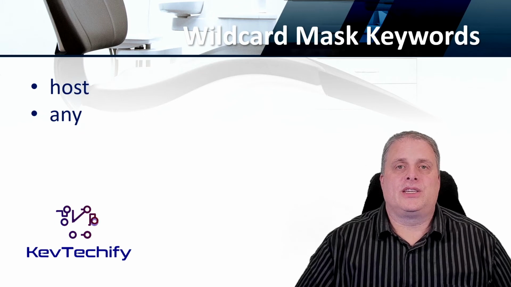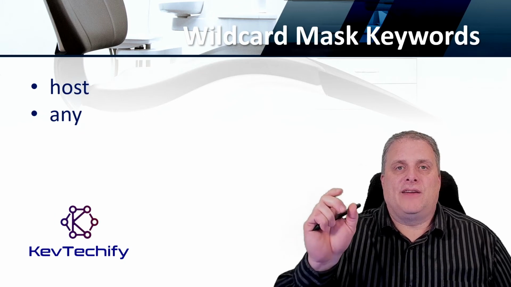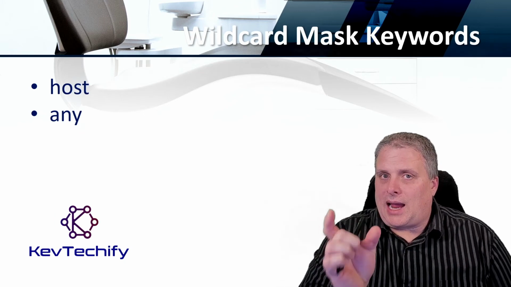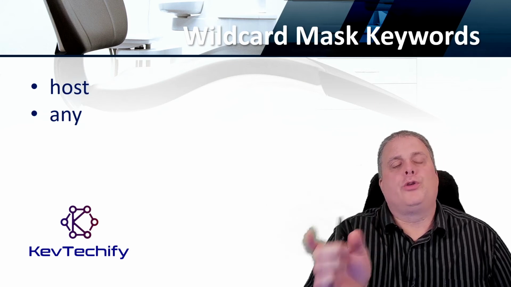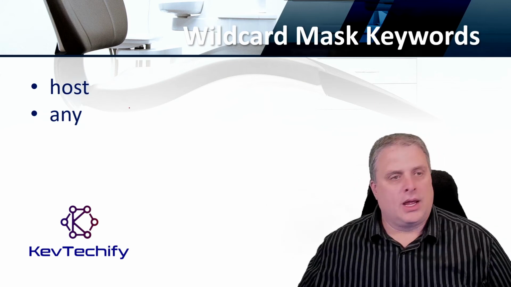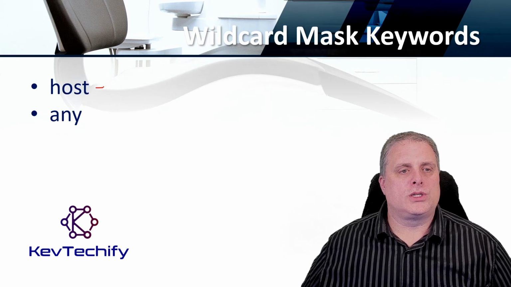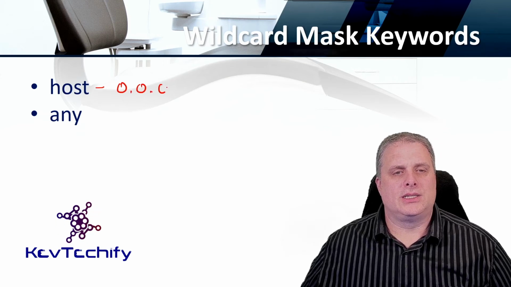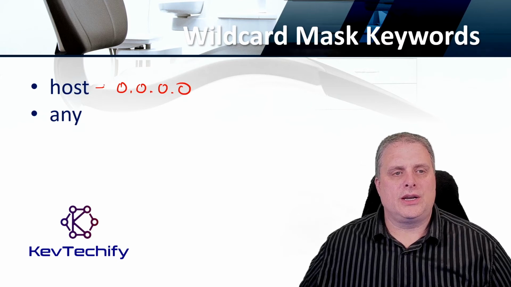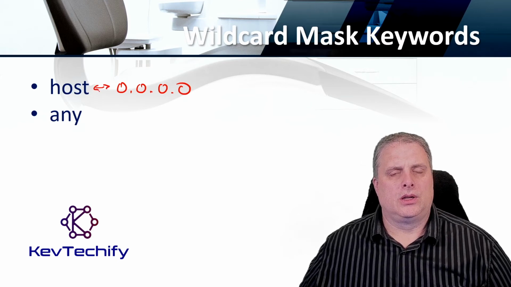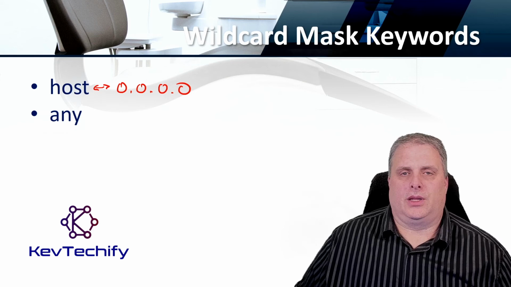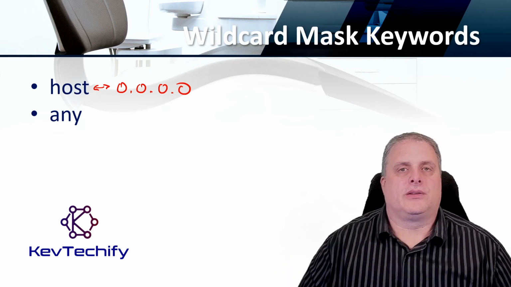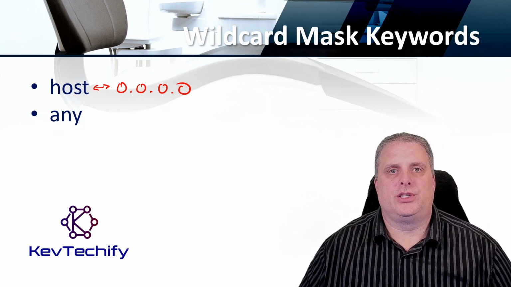Now, the operating system knows if you're going to match that IP address, you're going to put all zeros in there. You could replace that with the word host. And what that means here is host is equal to 0.0.0.0. Those are interchangeable to the operating system. And a lot of people consider that a little bit easier to remember because you're matching a host.